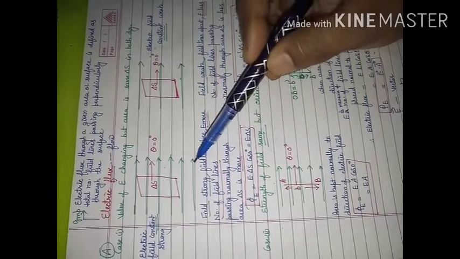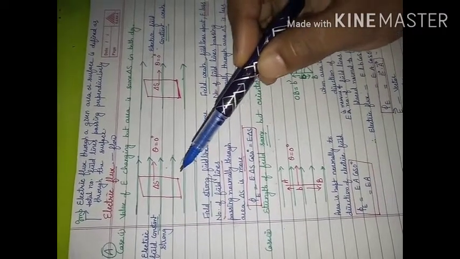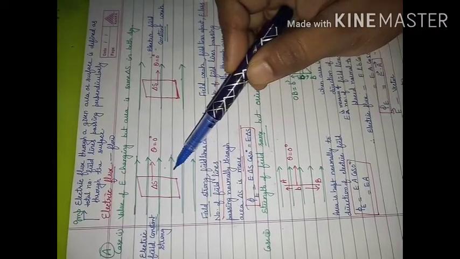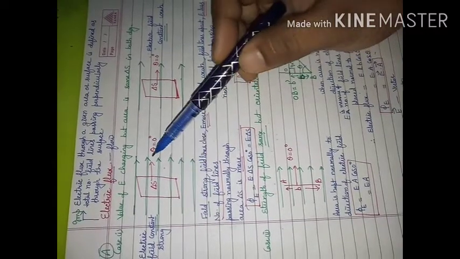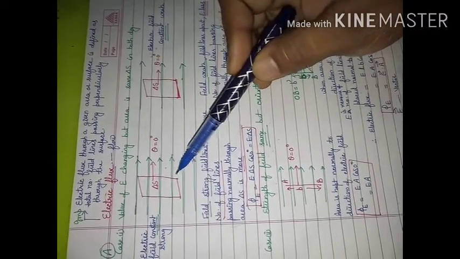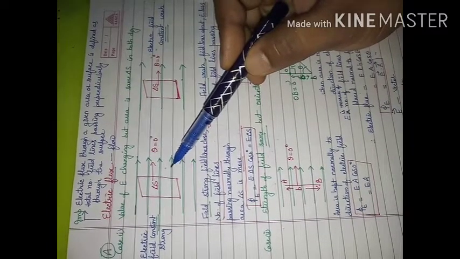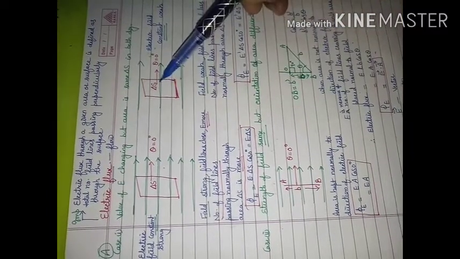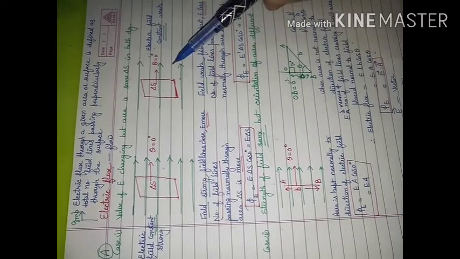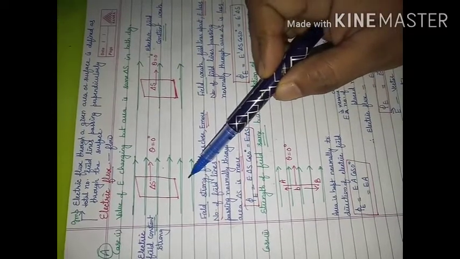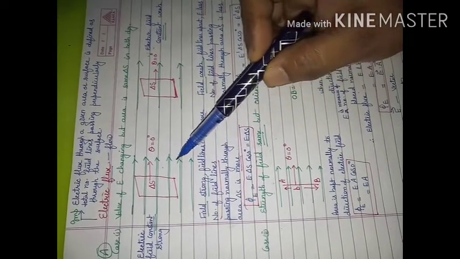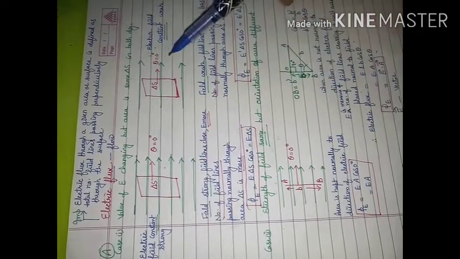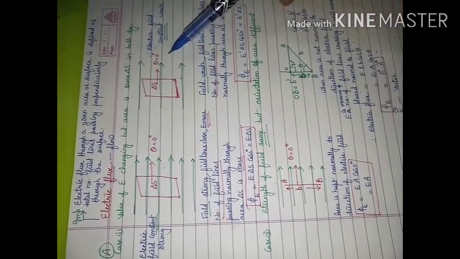It means flux is dependent on the strength of electric field intensity, because the closer the field lines, the more field lines will be able to cross the area. In this case flux will be less, in this case flux will be more, because here electric field intensity is more and here electric field intensity is less.